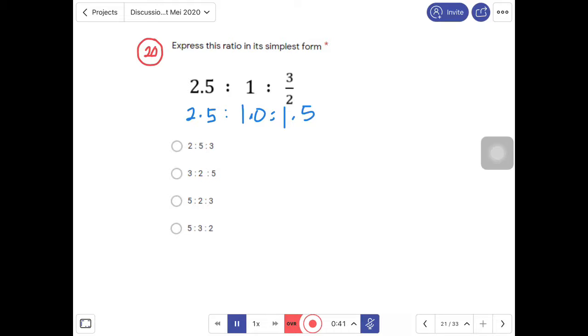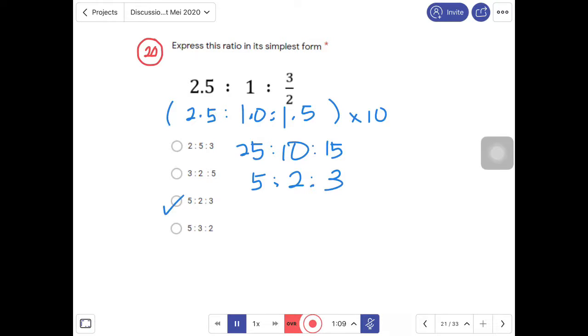And then we multiply 10 for every number. So we get 25 is to 10 and to 15. After that we can simplify, so get 5, 2 and 3, and the answer is this one.